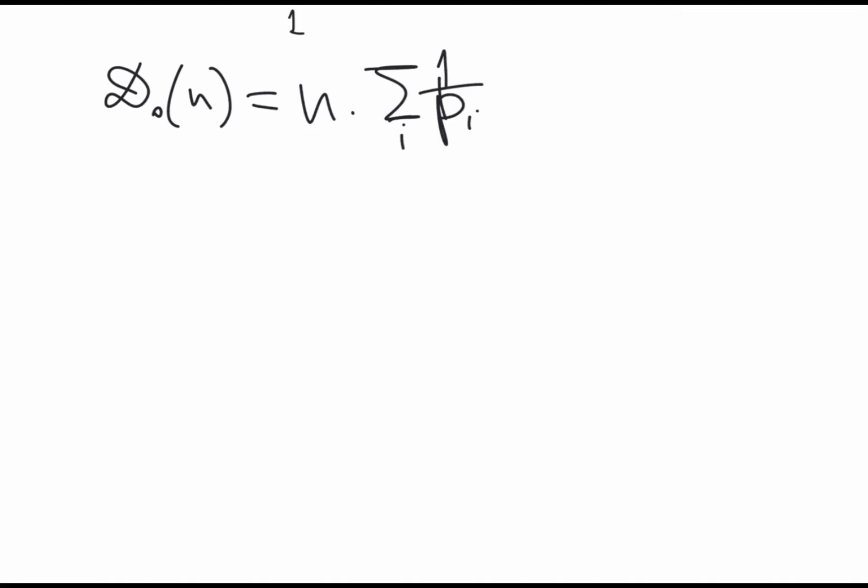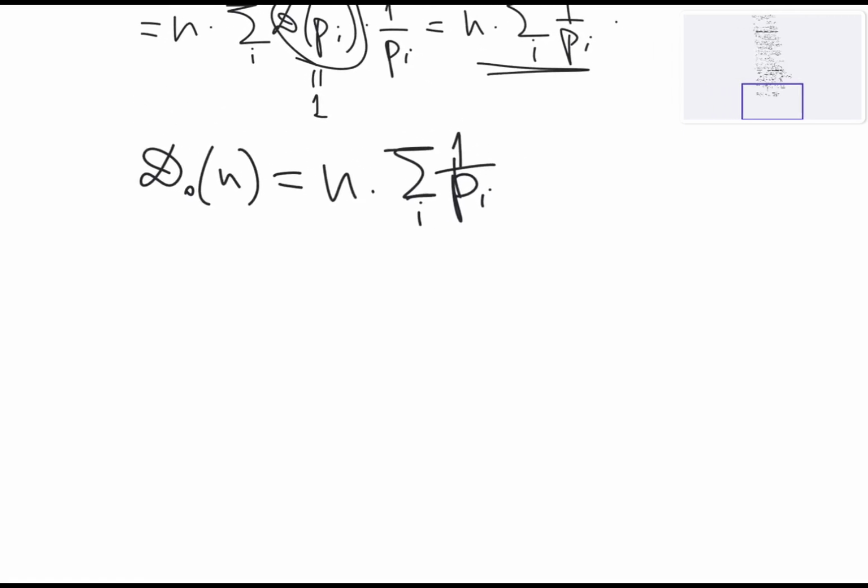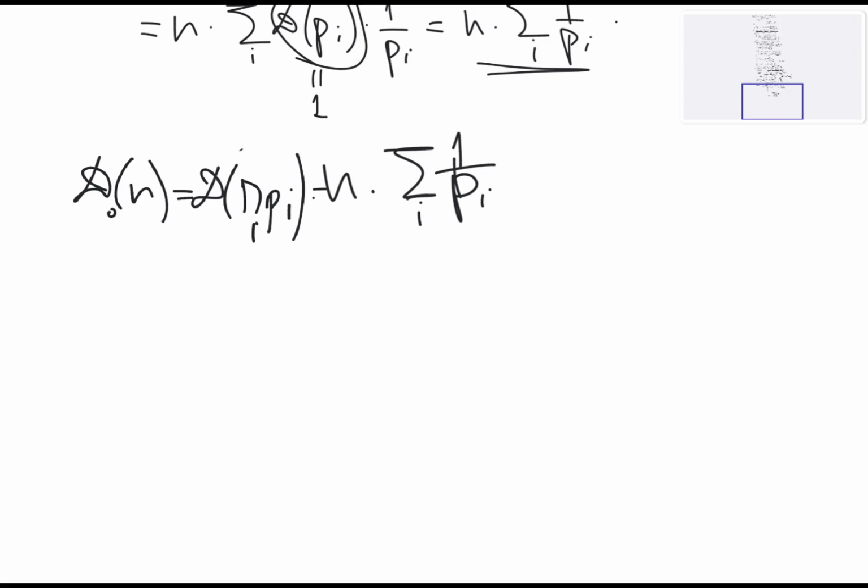So let's write d0. d0 of a prime number p, where p is prime.